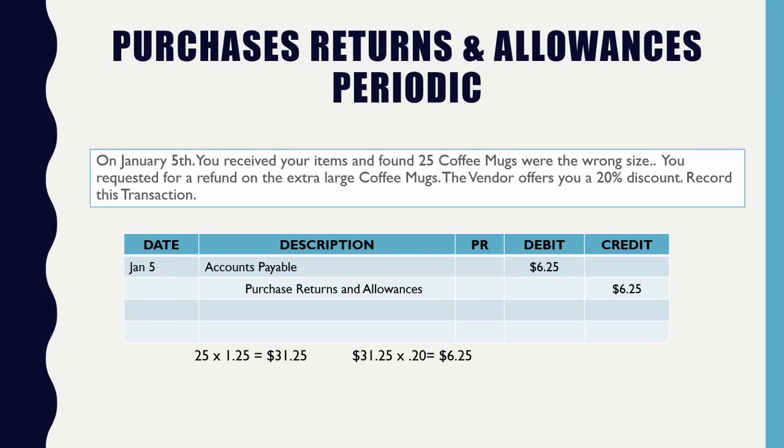Discounts are usually applicable to everybody. This is a special discount that they offer to us personally because they sent us the wrong items. So in this case, this is going to be considered an allowance. Okay? Any questions? No. Okay, all right, good.